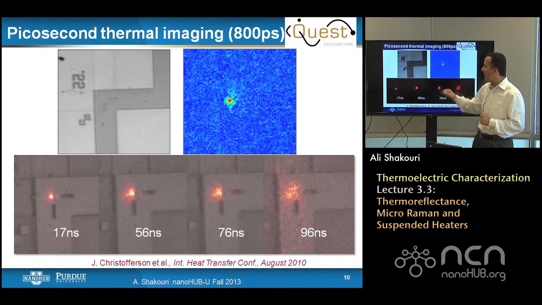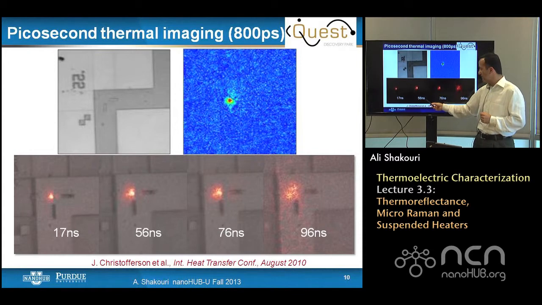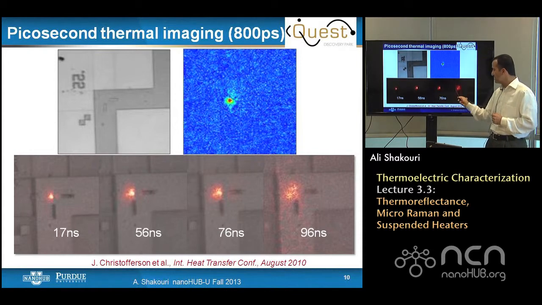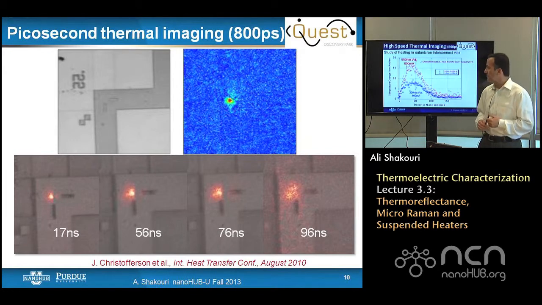You cannot see it by eye, but when you send current, you see the heat, and you see how the heat at 17 nanoseconds up to 96 nanoseconds is going around a via that is submicron. These are ways that we can push the limit and look at ultrafast thermal effects.